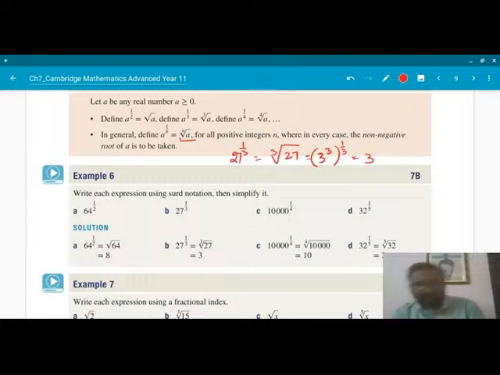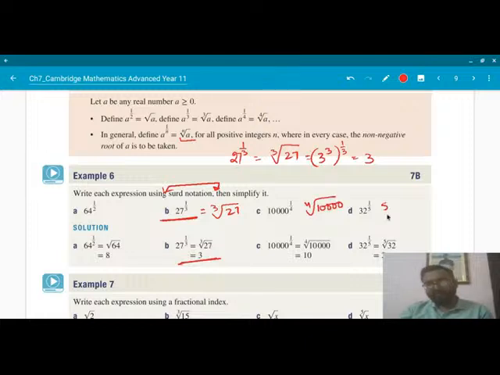Sometimes technically we might make mistakes, but be careful to observe the properties. See the third notation. It is cube root 27. It is fourth root 10,000. It is fifth root 32, and 32 is 2 power 5. So it is 2.